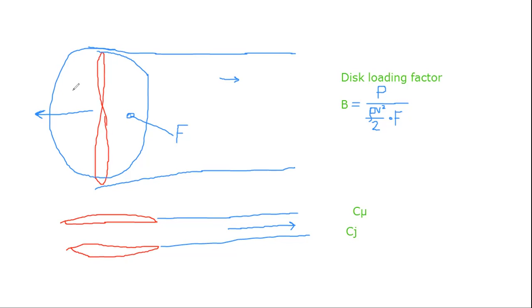Thrust in newtons, area in square meters, density in kilograms per cubic meter.